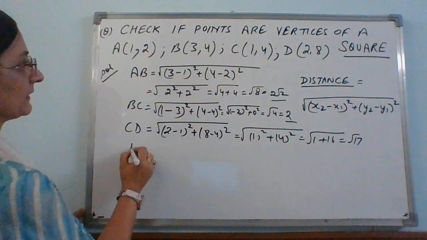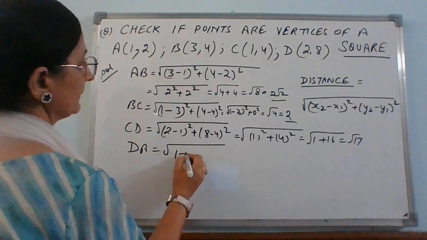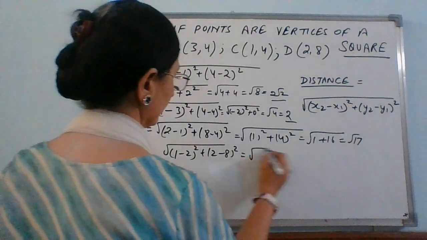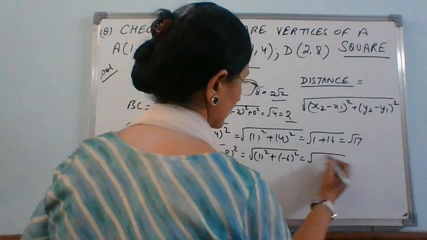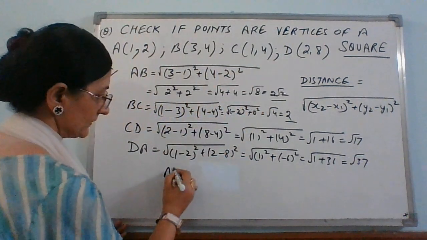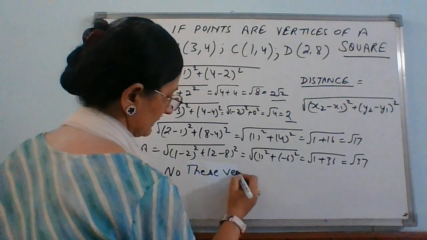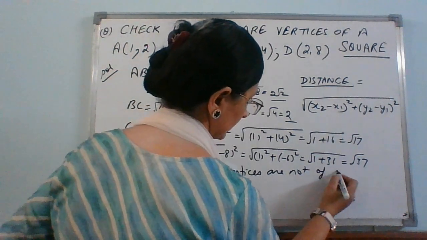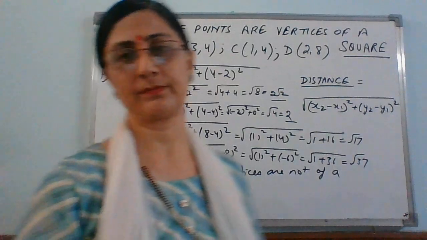All different answers are coming. DA. If you take DA, then 1 minus 2 square and 2 minus 8 square, that will be 1 square, and here minus 6 square, and that becomes 1, and 6 6s are 36, and that becomes 37. So we will say that no, these vertices are not of a square. Right? So these are not the vertices of a square, right?